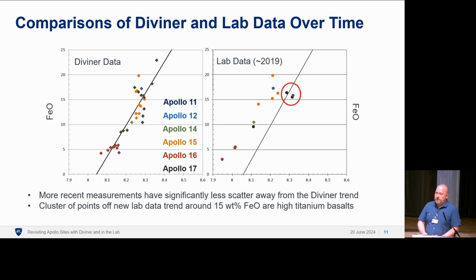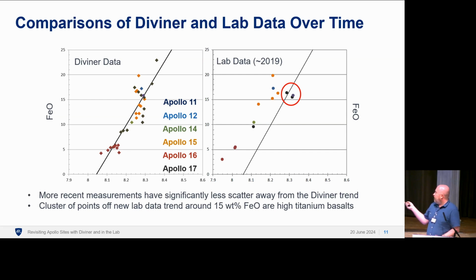And we did get better. So when we talked about this about 5 years ago, we had a very nice linear trend in our laboratory data across all of these samples, except for this one cluster here. But we quickly discovered that that cluster was actually a different composition. So the plot here I'm showing is iron on the y-axis versus Christiansen feature on the x-axis.